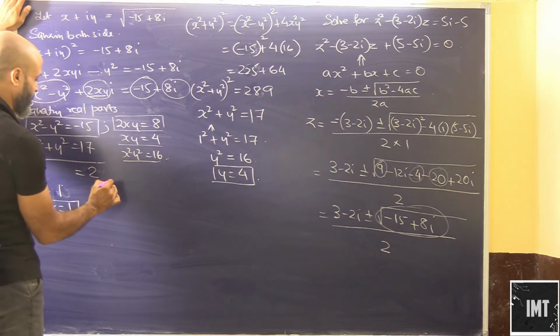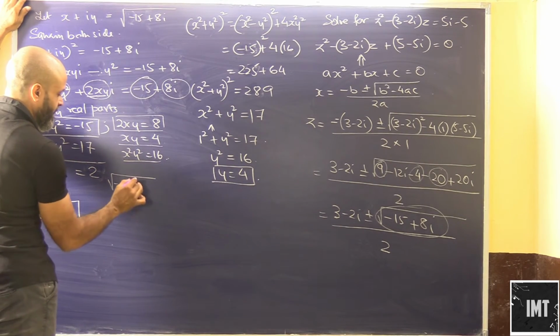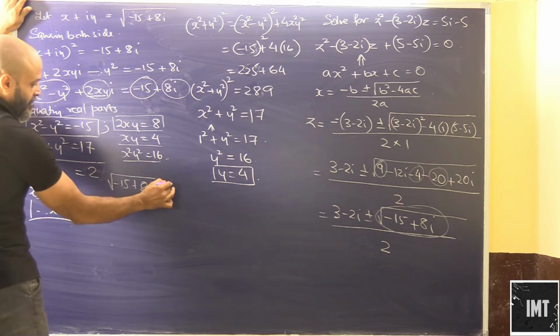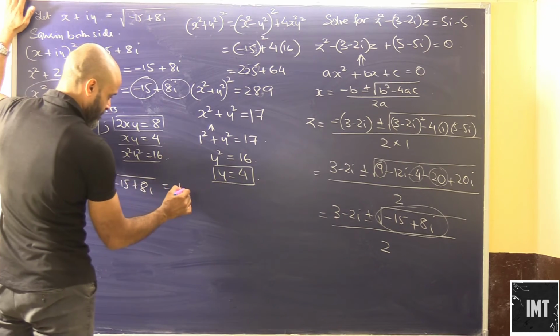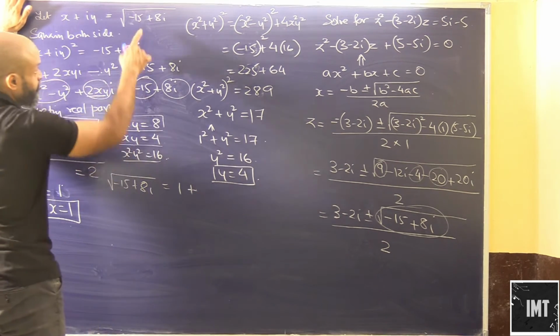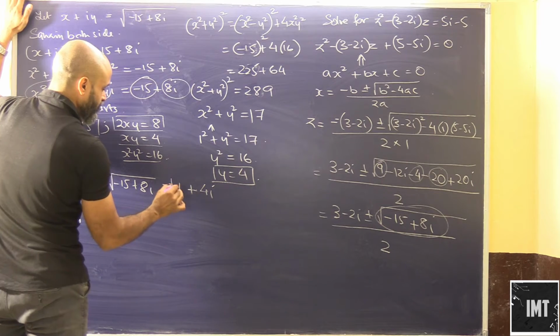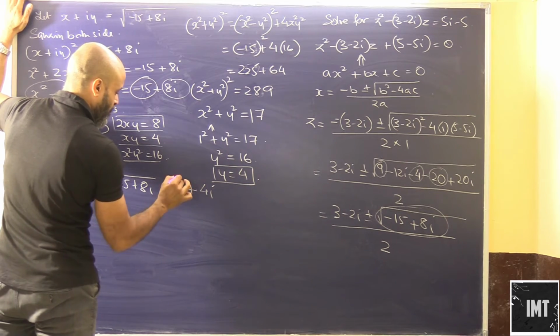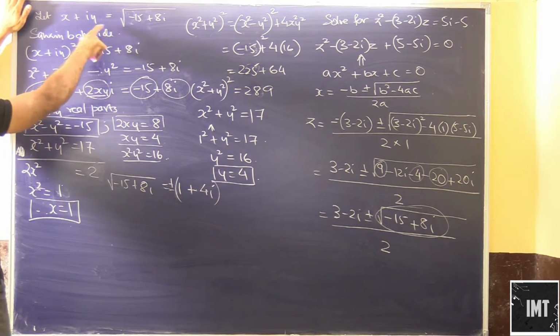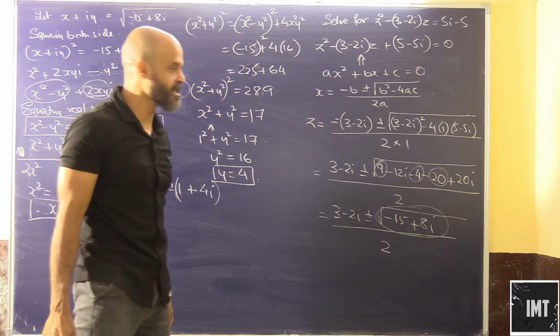So very comfortably we can say minus 15 plus 8i will be equal to 1 plus 4i, plus minus, obviously square root, so it will be plus minus 1 plus 4i.